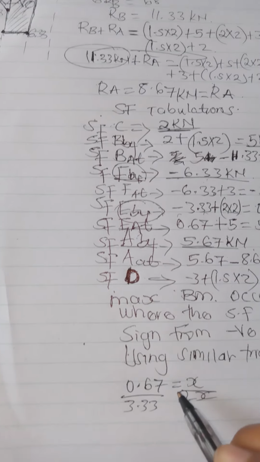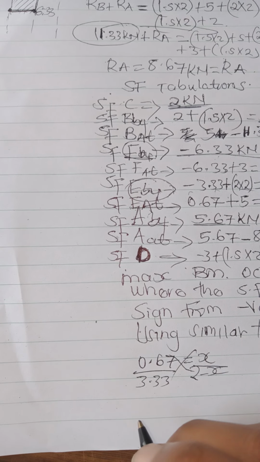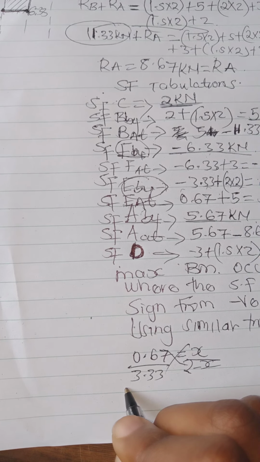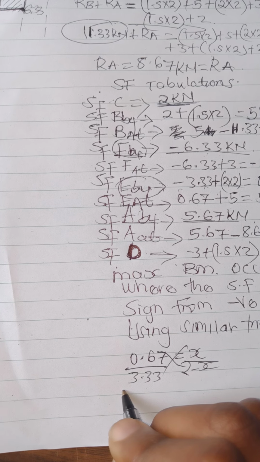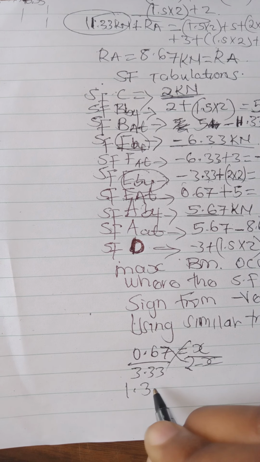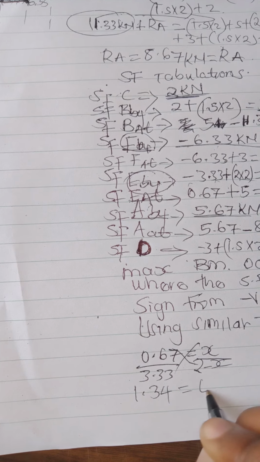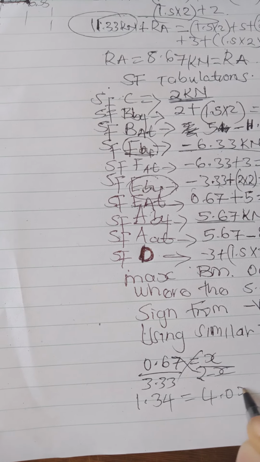Then we cross multiply. Hence we will have an equation that says 1.34 is equals to 4.0x.